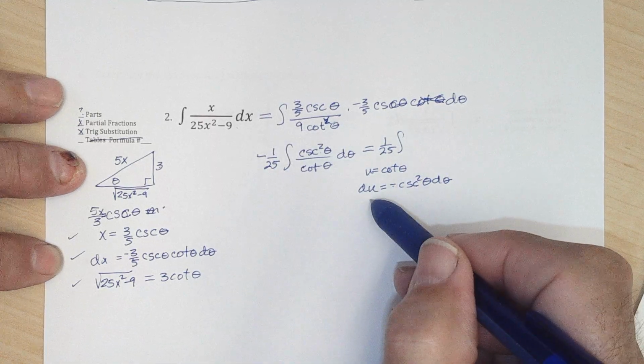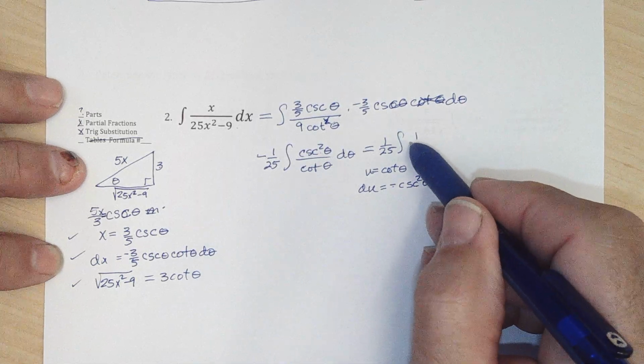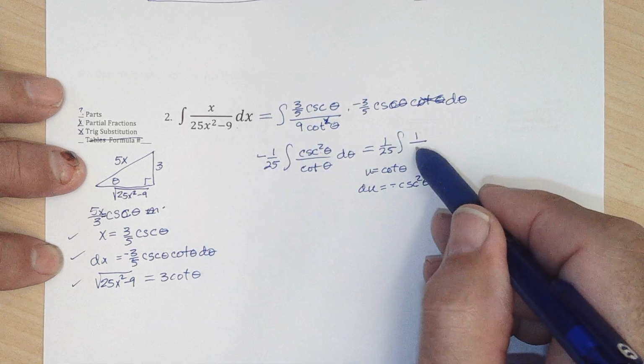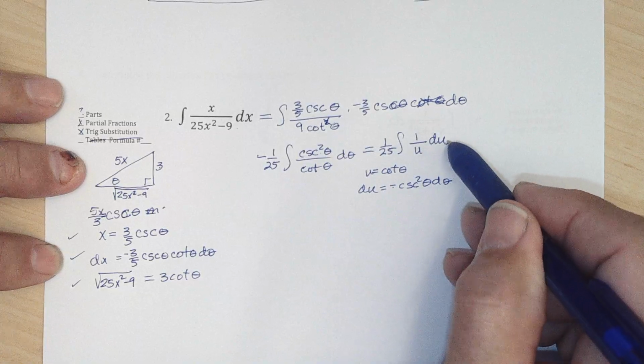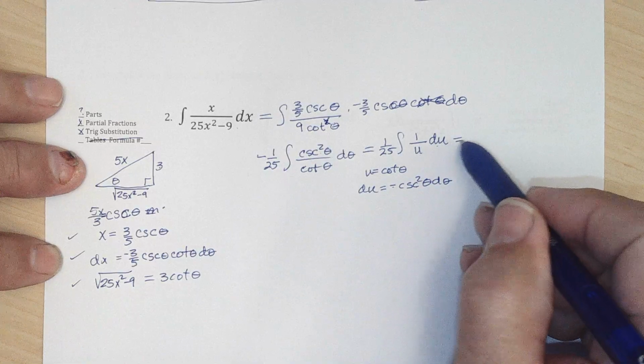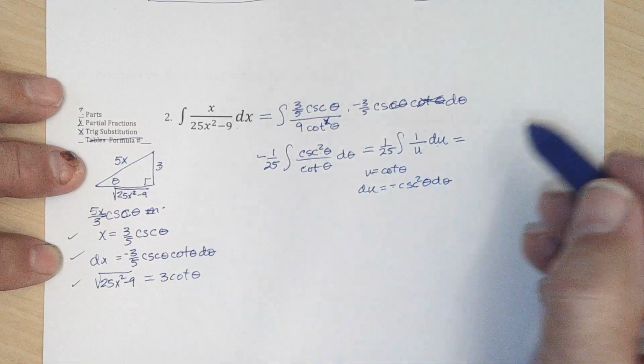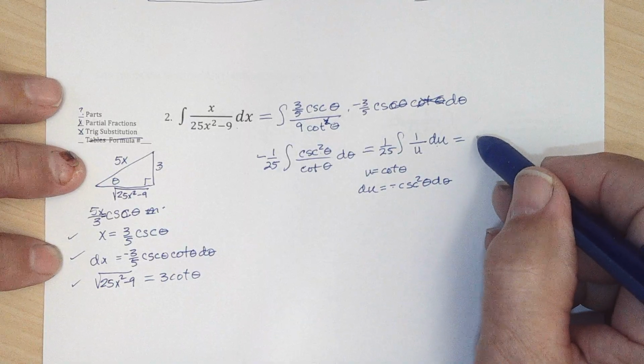This is going to have a negative cosecant squared. They're going to cancel, so it's just going to be 1 over u du, and the negative I've already brought out and changed that to plus. So that changes to the antiderivative of 1 over u is ln u.